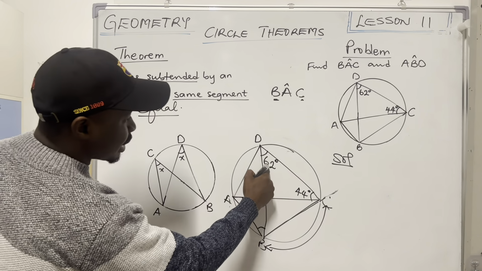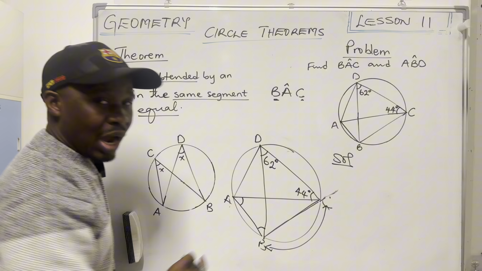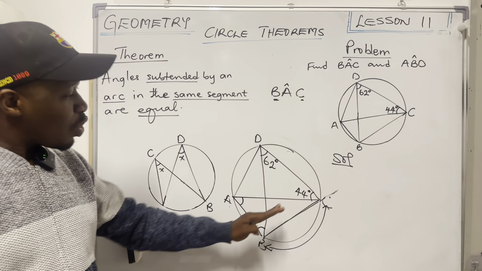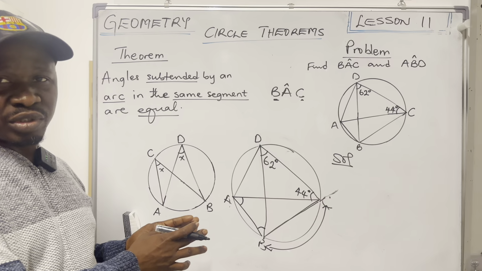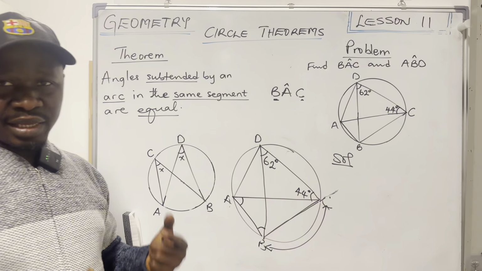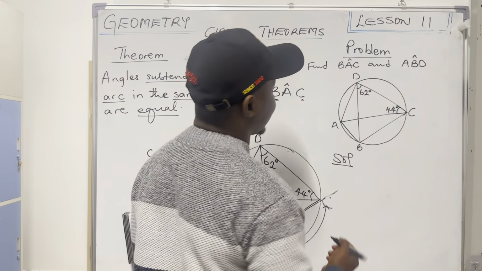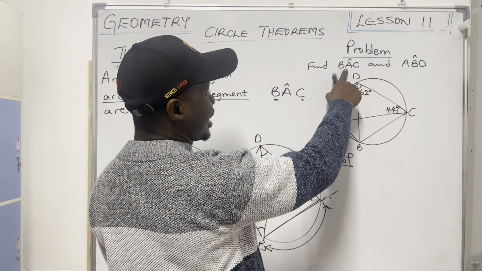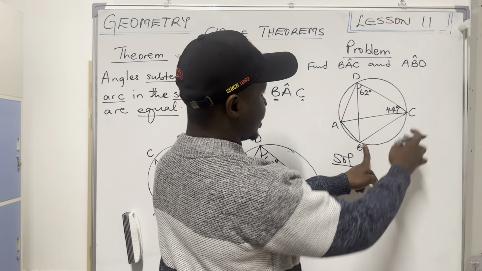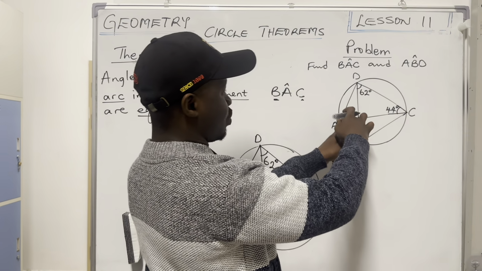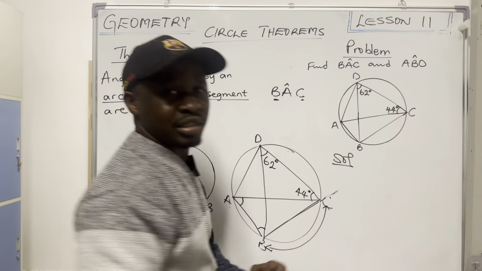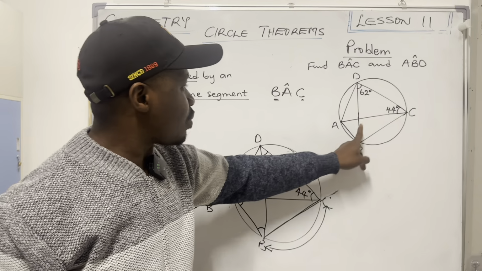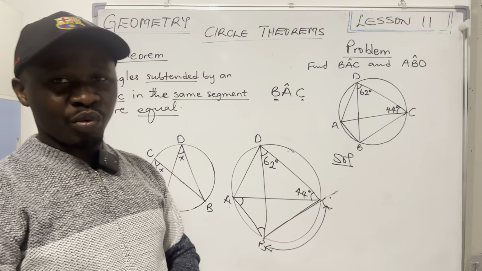So you can see that this angle and this angle, they are angles in the same segment. And this is what this theorem is talking about. So these two angles are equal. So therefore, since we want to find BAC, look at BC. They form this angle A. BC, they form this angle D. So this 62 is equal to this angle A here.